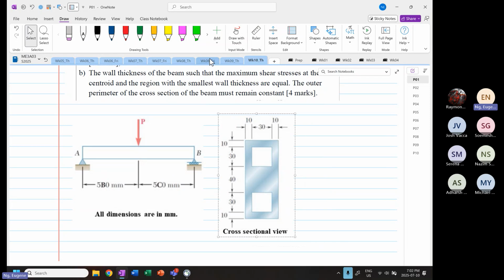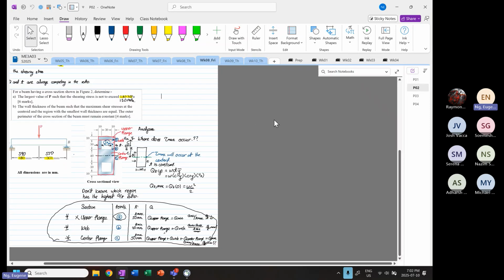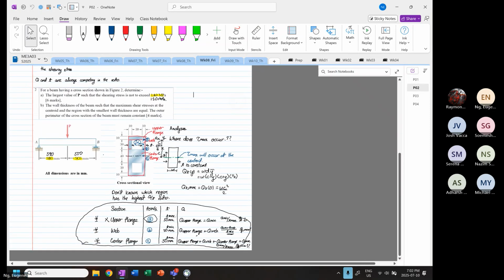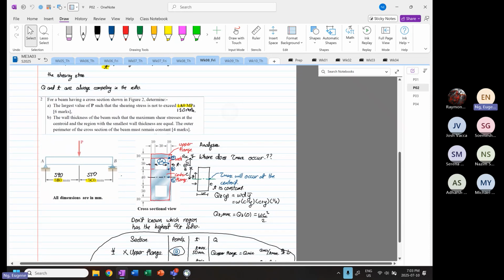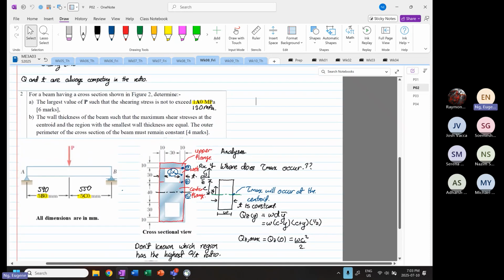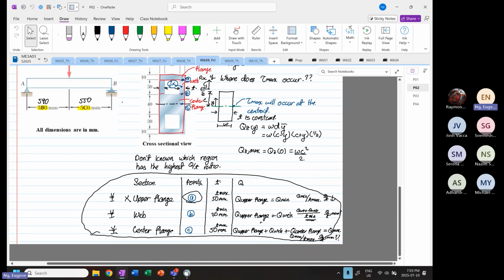Okay, let's recall this problem. We are tasked to look for P such that the maximum stress is not to exceed 130 megapascal. We were doing the analysis, and we wanted to find where has the highest Q/T.